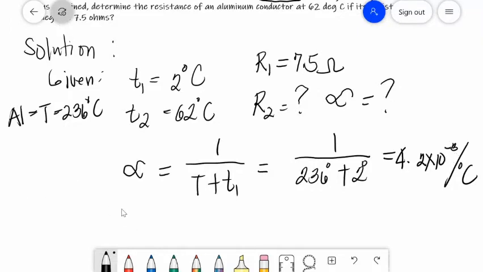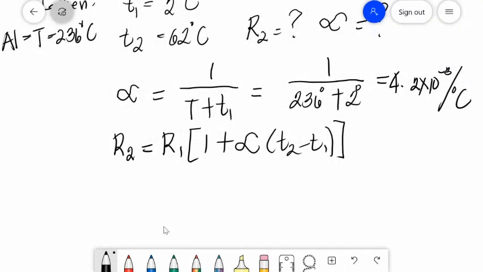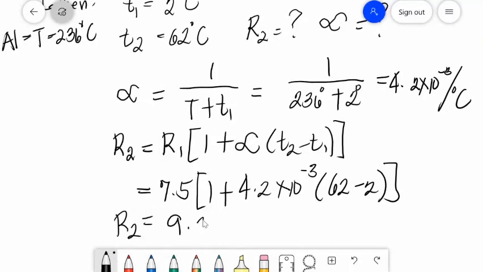Solving for R2, our working formula is R1 multiplied by 1 plus alpha times T2 minus T1. So R2 is equal to 7.5 multiplied by 1 plus 4.2 times 10 raised to negative 3 times 62 minus 2. Final answer, R2 is equal to 9.39 ohms.